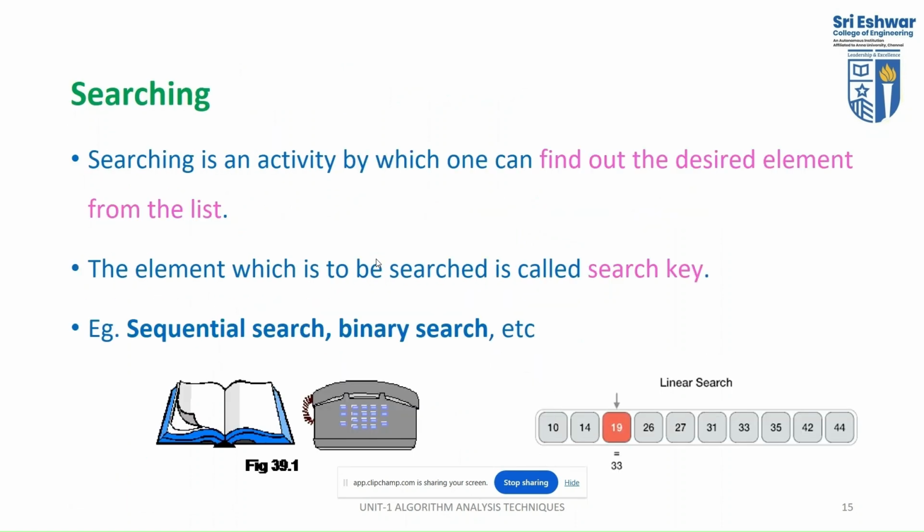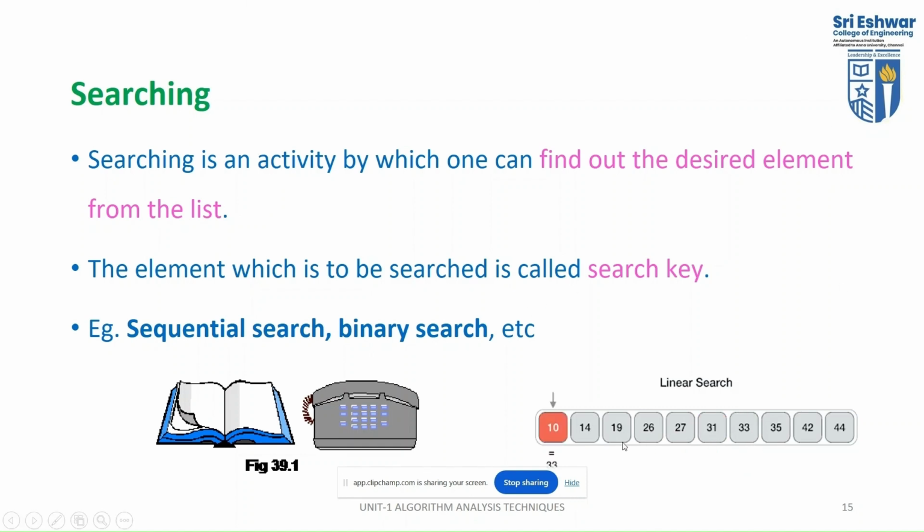Then comes searching. Searching is an activity where you have to find out the desired element from the list. And the element that we are searching for is referred to as search key. There are two types of search techniques available: linear search and binary search.